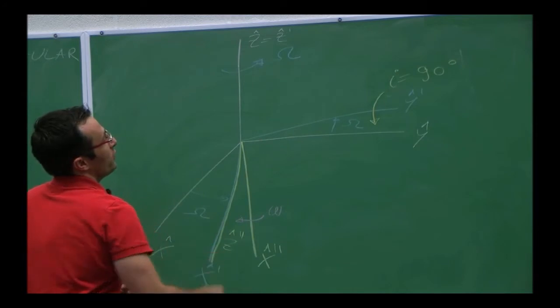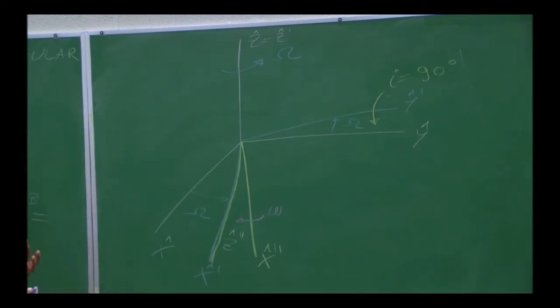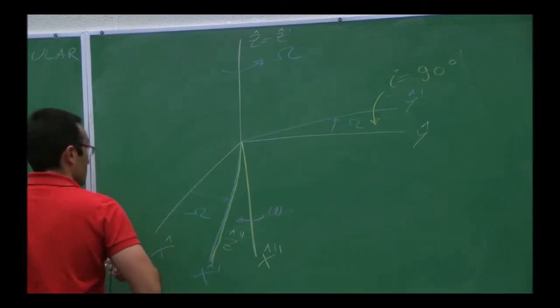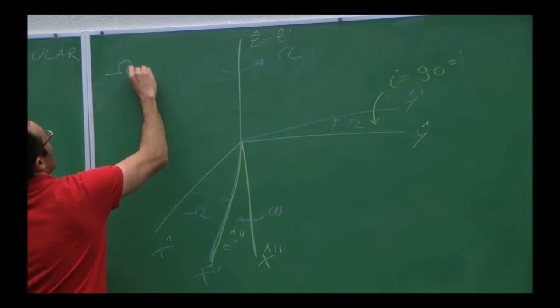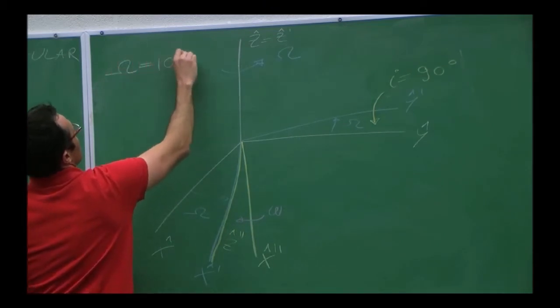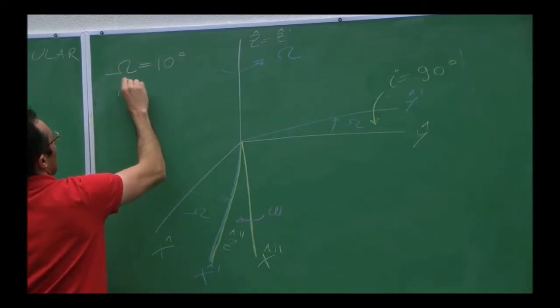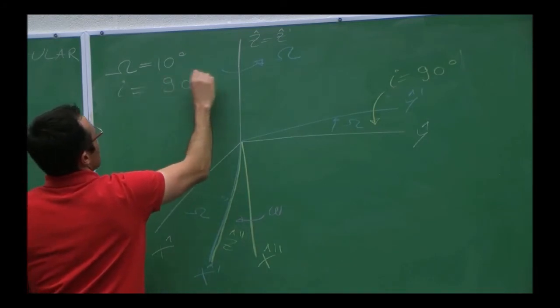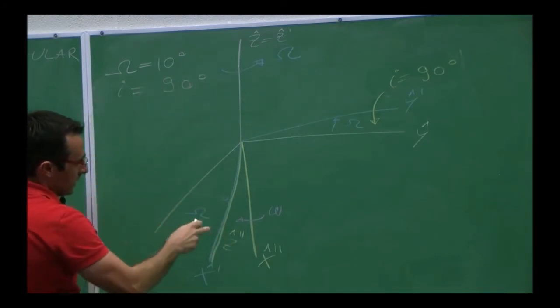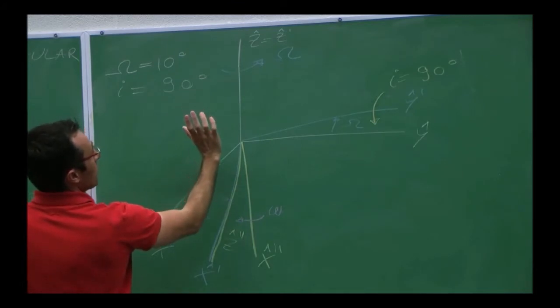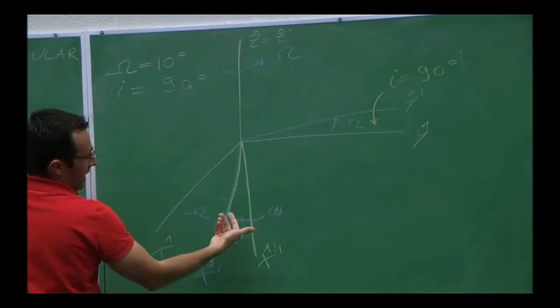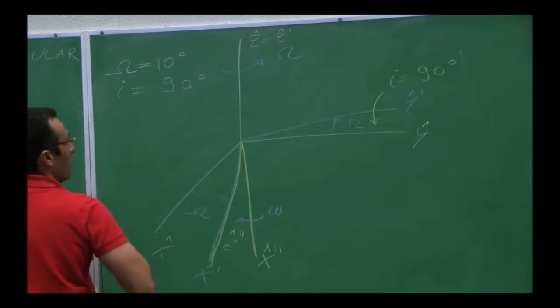And so if you imagine the following sequence, we can come up with examples. The big omega is 10 degrees. We said the I is 90 degrees. And the little omega, now this big omega was that way, little omega has to go this other way, opposite.